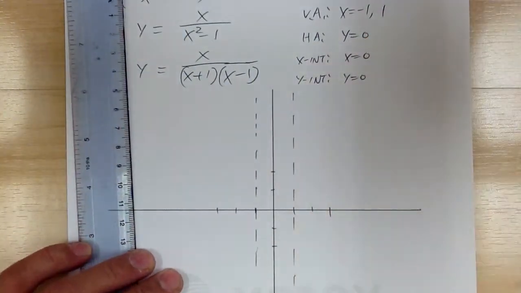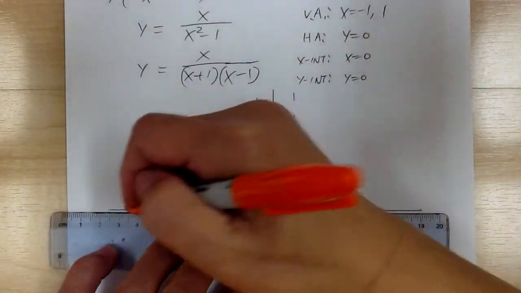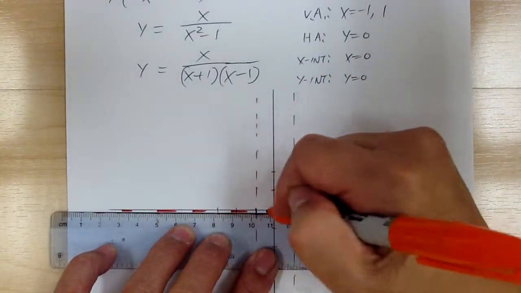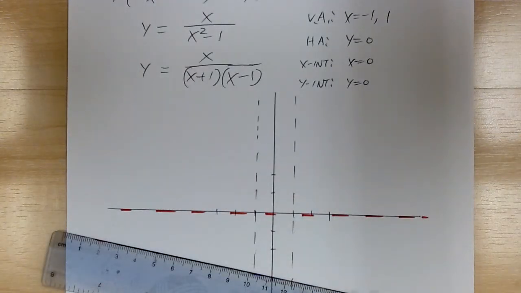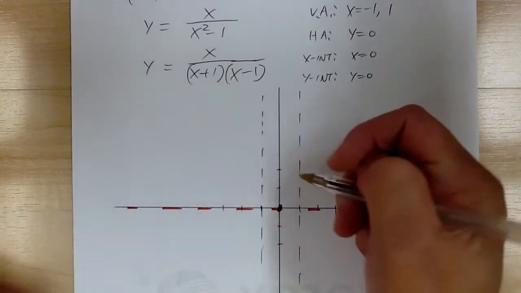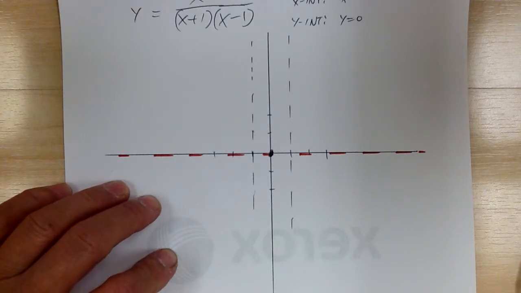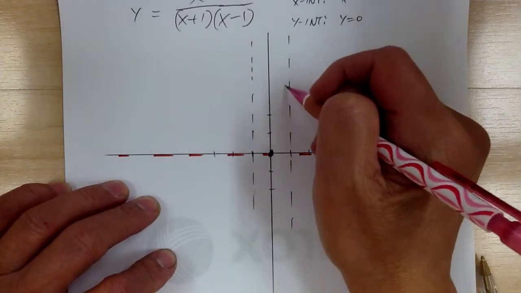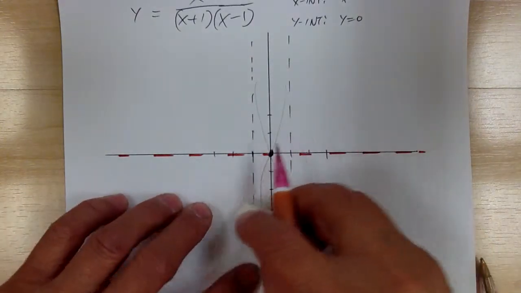And horizontal asymptote is y equal to 0. And then your x-intercept and y-intercept are at this point over here. So that's all the information that you have. But right now, you don't have enough information because you don't know if the graph is going to go this way or this way. You don't know which way it's going to go.